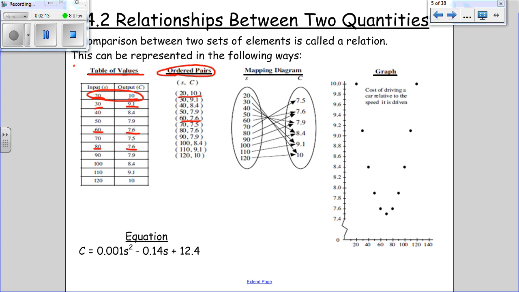A third way, which you don't see a lot of, a little bit in science, I think, is called a mapping diagram. The reason you don't see it very often is it can get a little confusing, a little disorganized. Mapping diagrams take all your possible S values, all these guys, and they bubble them.